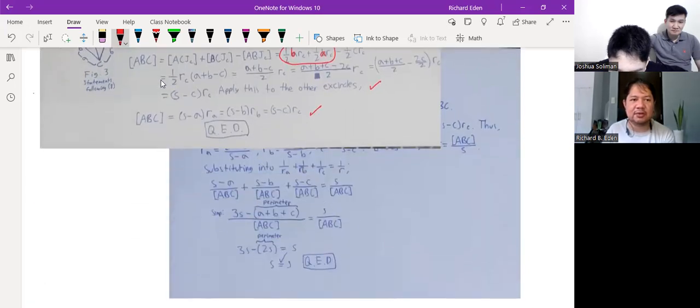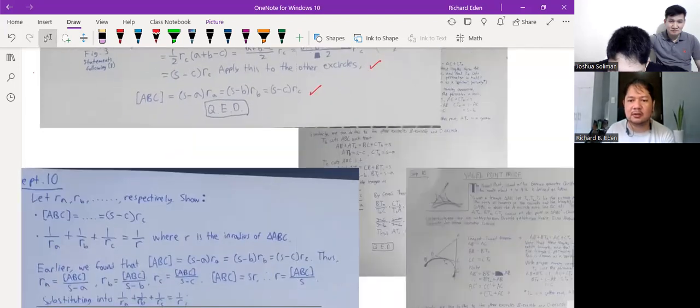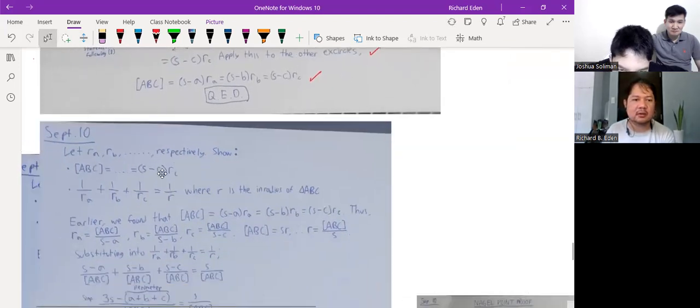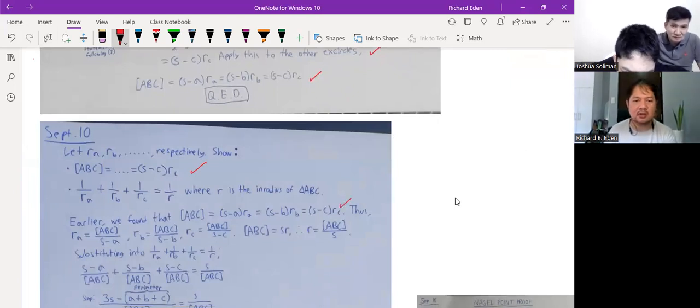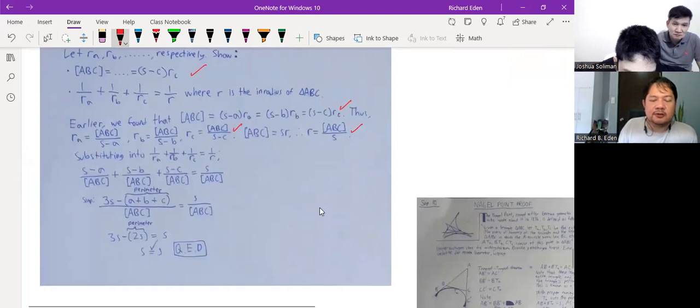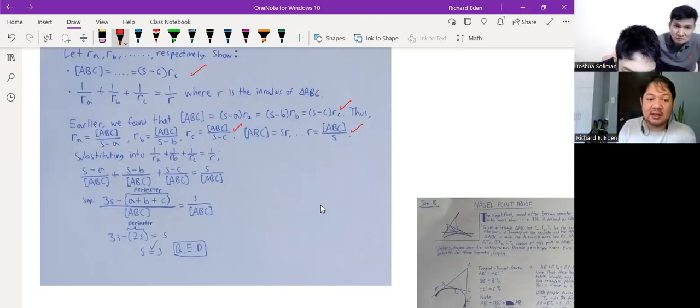And then that's what you used here. Okay, so this is done. R sub A would be these. And then for the inradius R, that's the area of ABC over S. What would really be ideal when you prove is instead of working backwards, you do it from left to right, a direct proof.